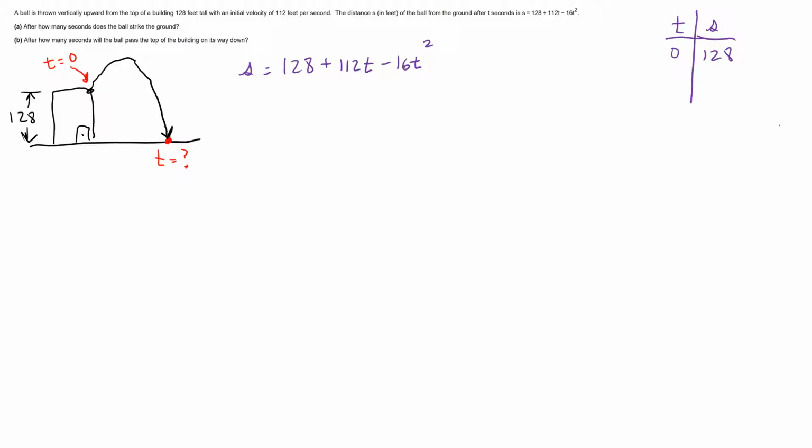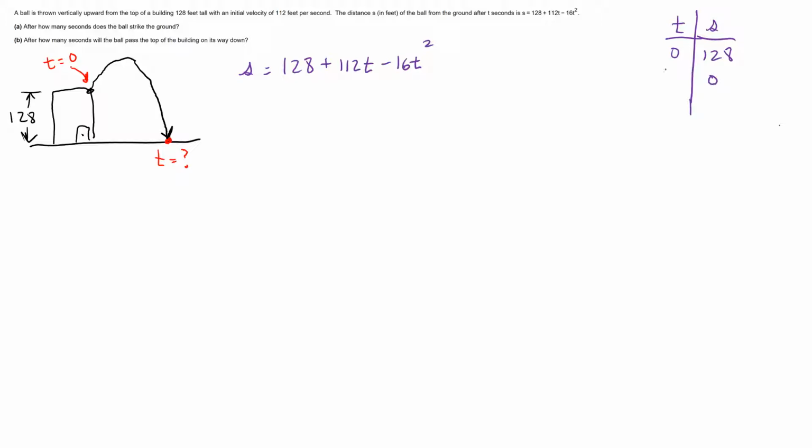So part A wants to know, after how many seconds does the ball strike the ground? Well, when the ball hits the ground, it'll be 0 feet high, of course. So asking me when the ball will hit the ground is the same thing as asking me when S will equal 0.